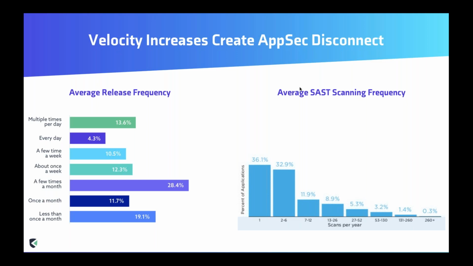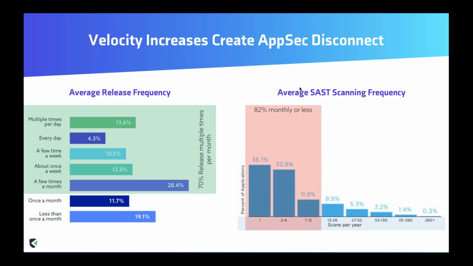So we think that's a pretty good proxy for average. If you look at this, 70% of organizations are releasing software multiple times per month. But at the same time, 82% are only doing their SAST scanning monthly or less. So that right there is the disconnect.